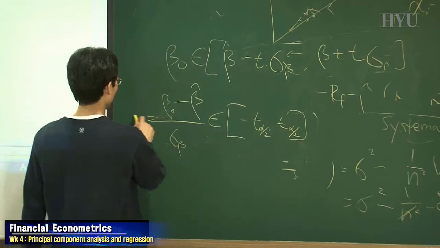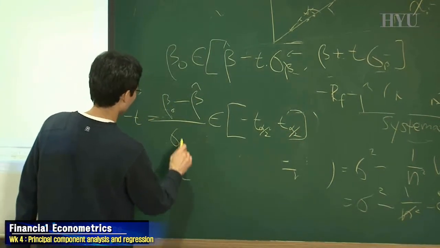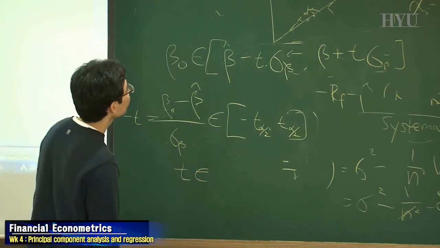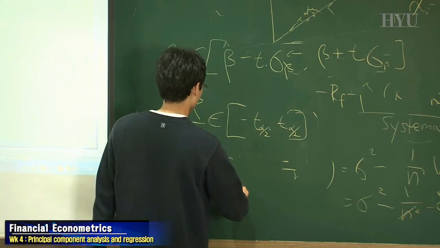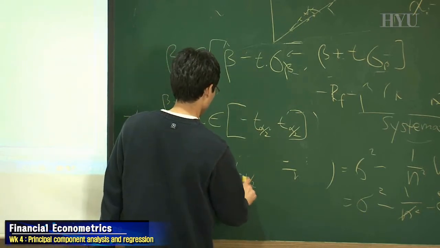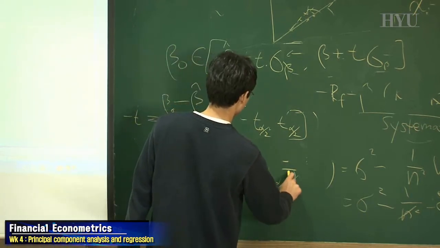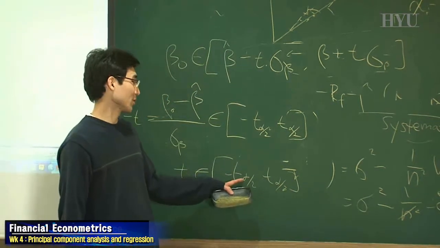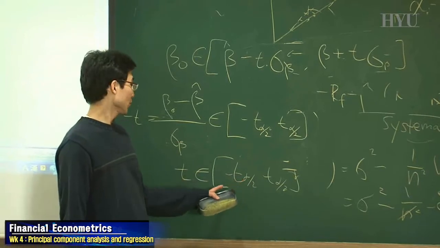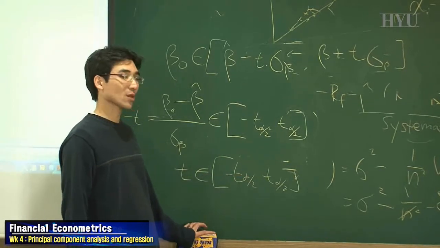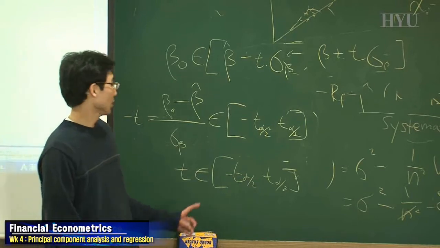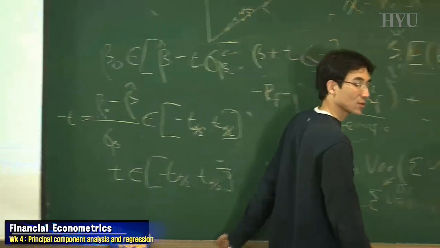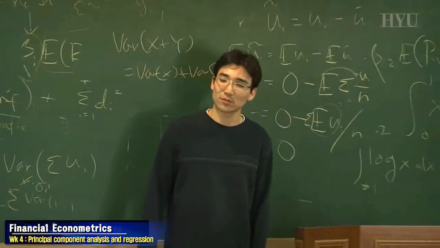So actually, when this statistic t is between the critical values, where alpha is usually 95% or 99%, we cannot reject the null hypothesis. If this value is outside of this interval, we reject the null hypothesis.